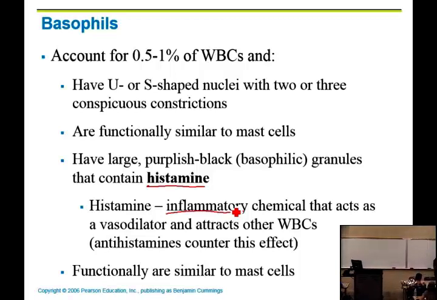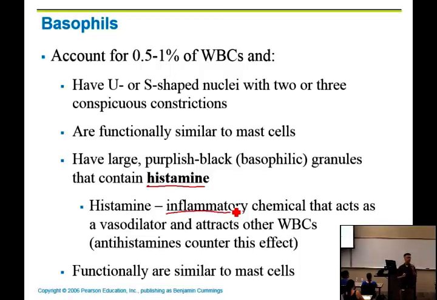Meanwhile, if you're talking about an allergy, we'll talk about this with the immune system when we get there, but an allergic reaction is where your body is responding to something as if it's a pathogen, like a bacterium or a virus or something like that. But instead, all it is is pet dander or pollen or something like that, something that's really not a pathogen. It's not going to infect you and turn you into a sunflower or a grass or something like that, but your body is overreacting as if it is.